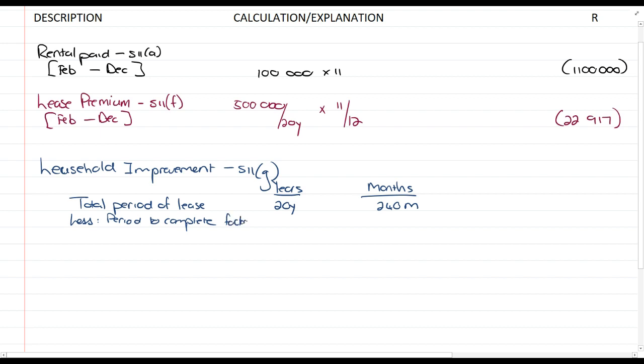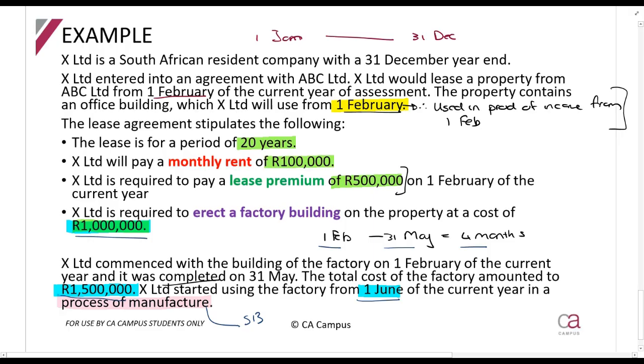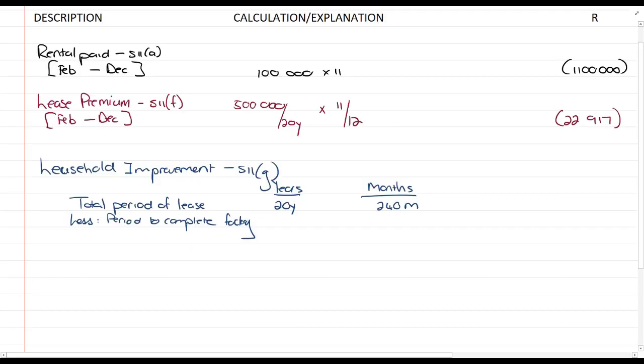factory. Now remember, it took us from the 1st of February to the 31st of May, 4 months. So 4 months. What is 4 months in terms of years? It's 4 divided by 12. So 0.333 into infinity years.